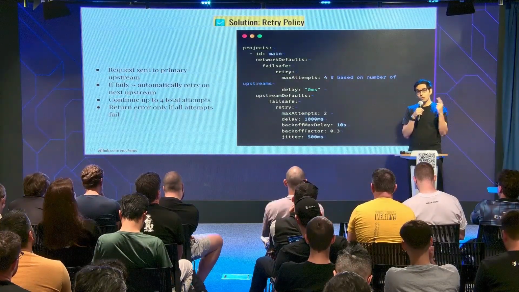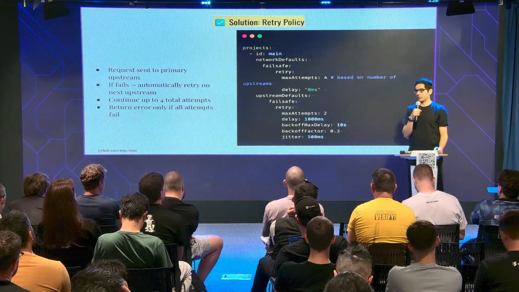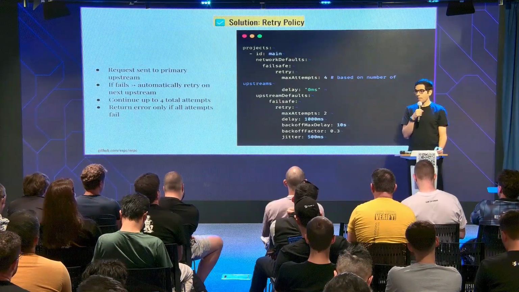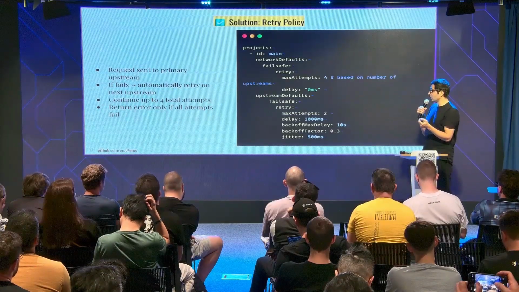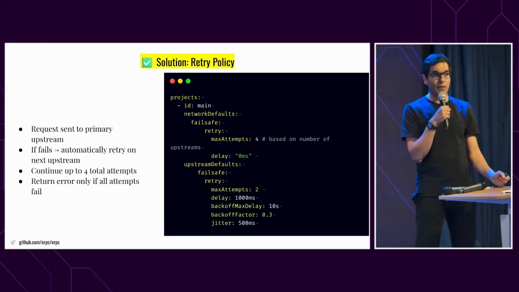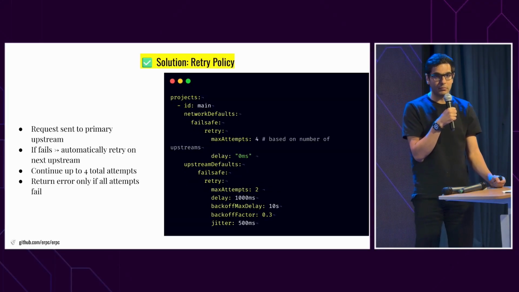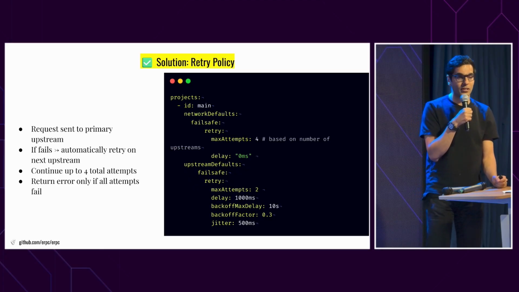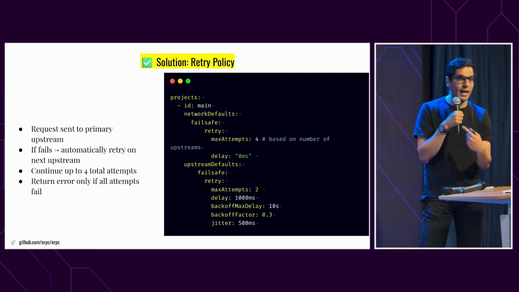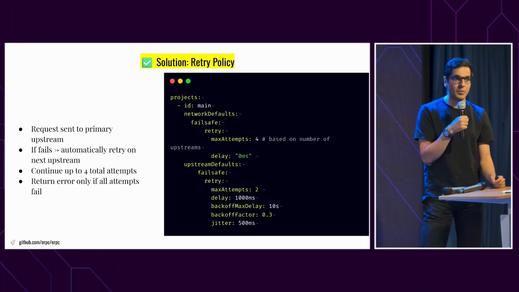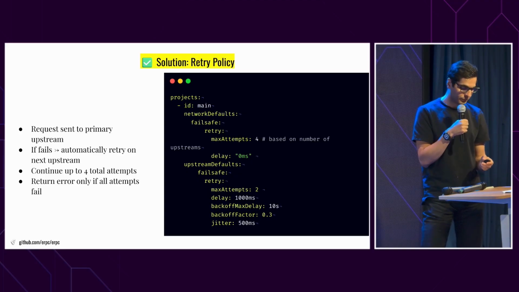Only if all those 4 times fail do we return the error back to the user. You can configure it based on your environment. Sometimes you have a really hostile environment, using public nodes or a really fast chain like HyperEVMs, and you want more retries, but sometimes you want fewer. It really depends on your environment.